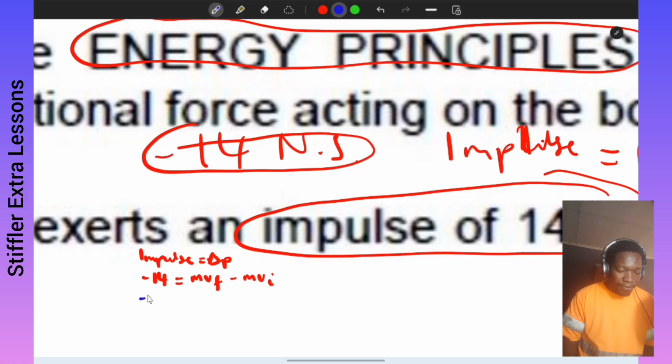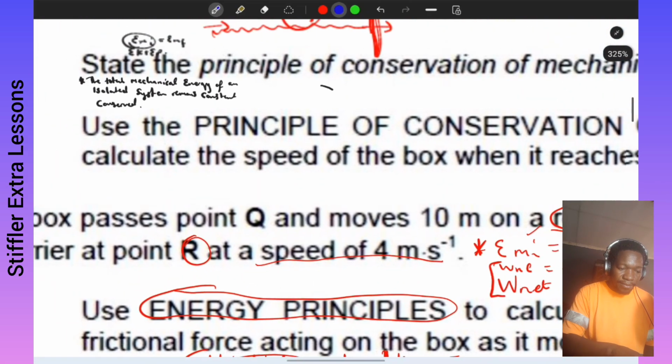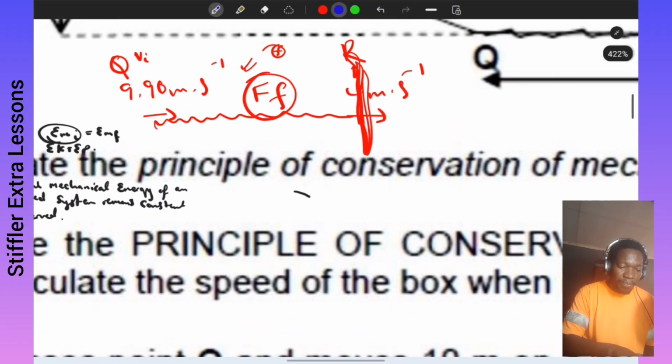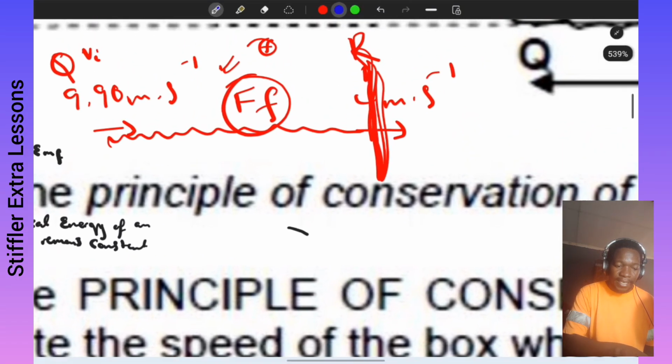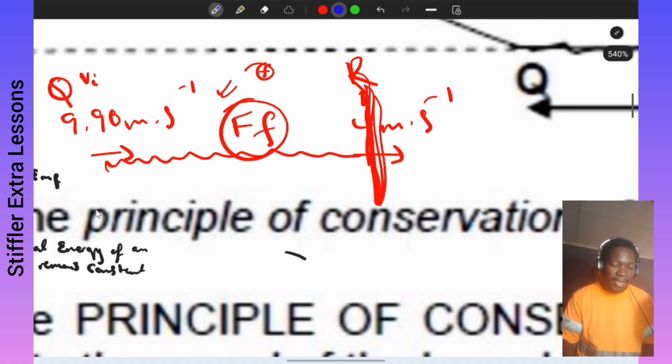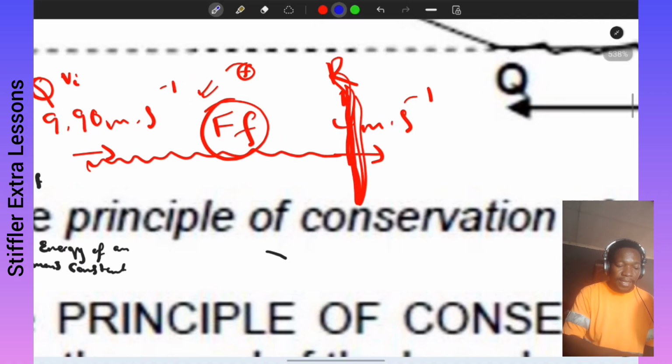So negative 14 becomes 2 VF minus 2 V initial at point Q there. And I always advise that if you're dealing with many points on the diagram, initial velocity doesn't stay initial velocity and final velocity doesn't stay as final velocity. It is a matter of respecting the moment that you're having.